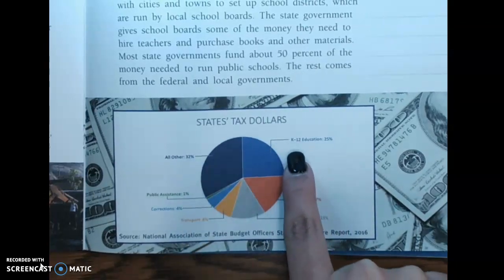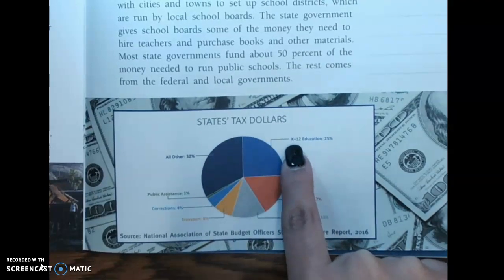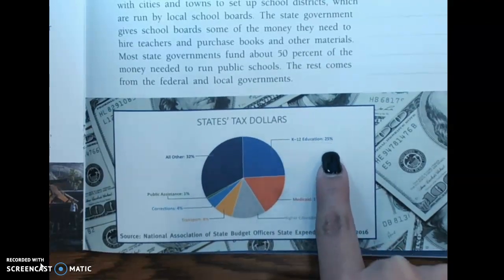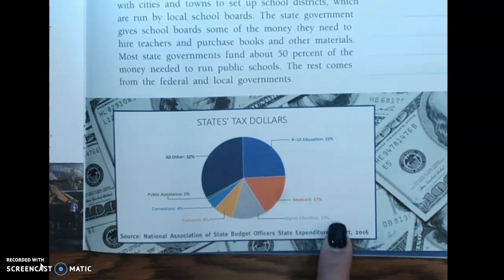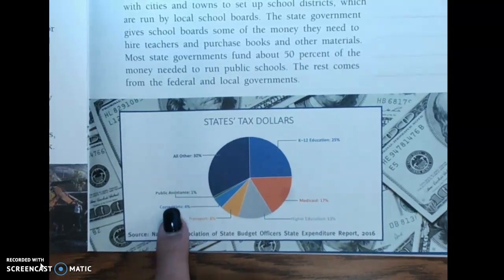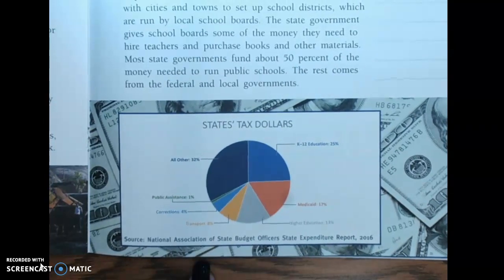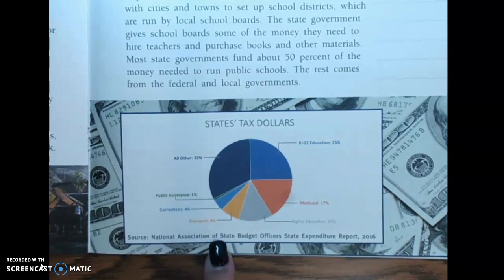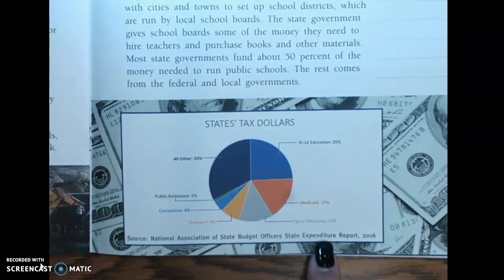So K through 12 education, 25%, Medicaid, 17%, higher education, 13%, transport, 8%, corrections, 4%, and then public assistance, 1%. Source: National Association of State Budget Officers, State Expenditure Report 2016. And this is, again, the state tax dollars.